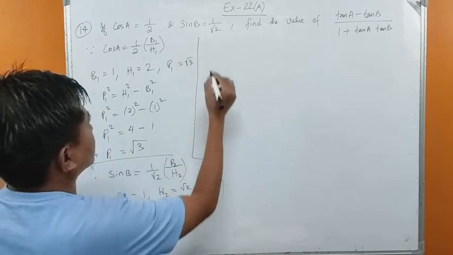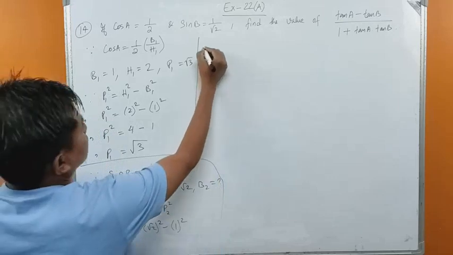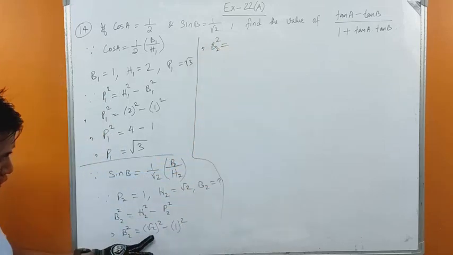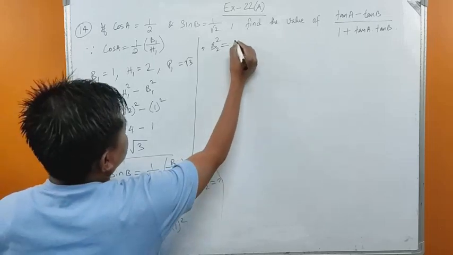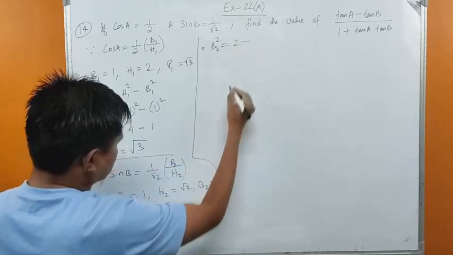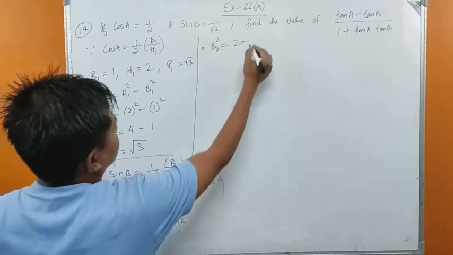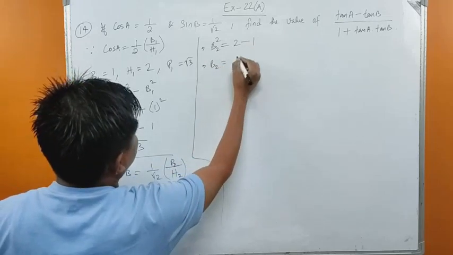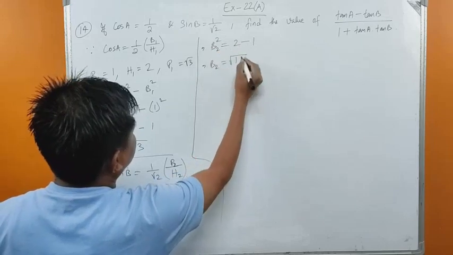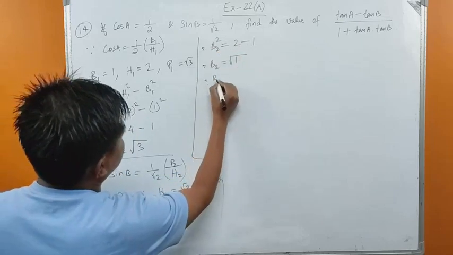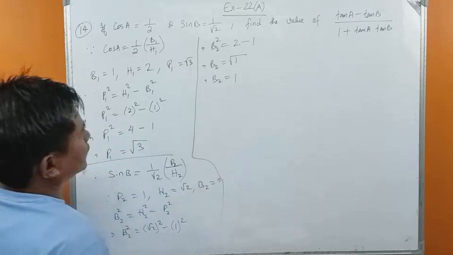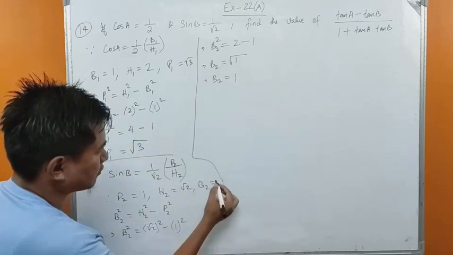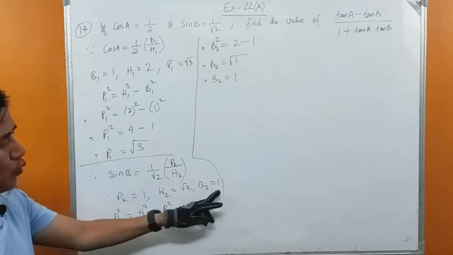Root 2 squared is 2, minus 1 squared is 1. So B2 squared equals 2 minus 1, which is 1. Square when taken to the right hand side becomes root. So B2 equals root 1, which means 1. So we found the value of B2. Value of B2 is 1.